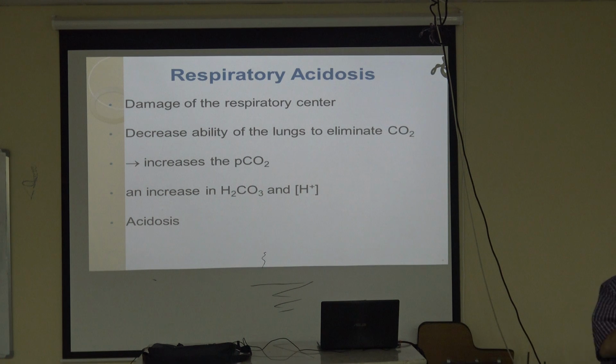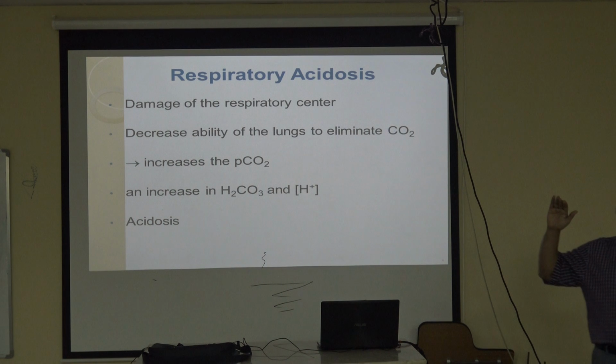But if acidosis is caused by the respiratory system itself, the respiratory system cannot correct it. So it needs to be corrected by the chemical buffers and by the kidneys, because the problem is in the respiratory system. Clear? So respiratory acidosis or respiratory alkalosis are not compensated by the respiratory system itself. Is it clear?